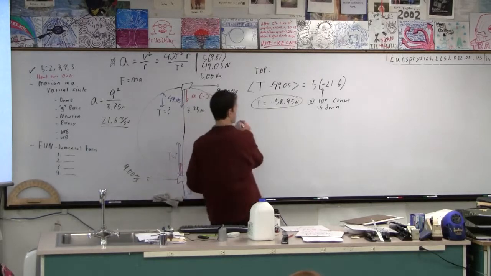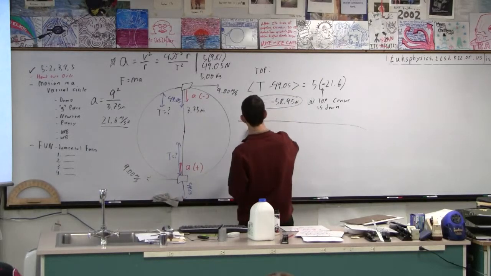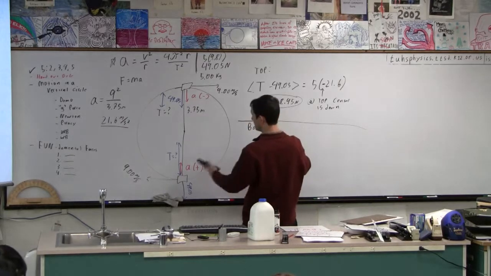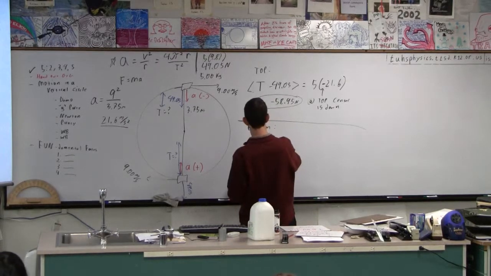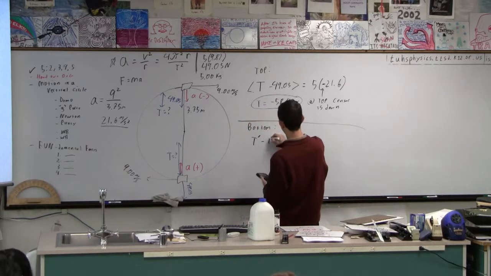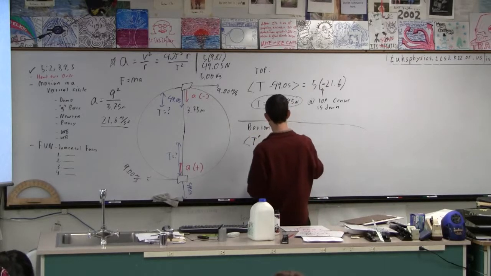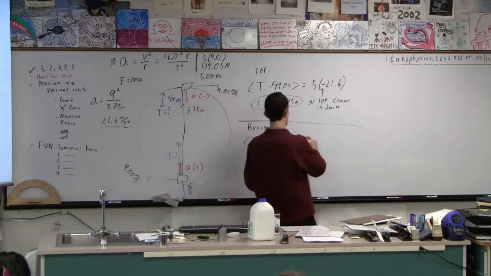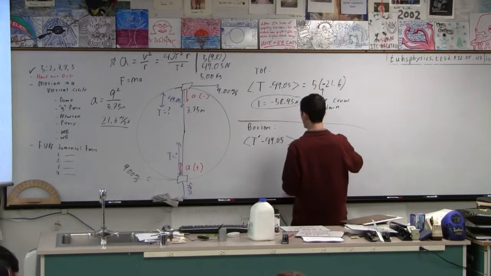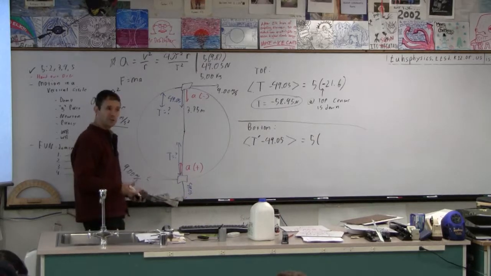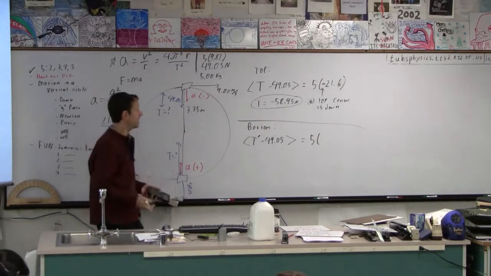At the bottom, the only thing that's different, okay, is that we still have the same two forces. We have a different tension. I'll call it T prime or something like that, right? Minus 49.05. Okay, so some unknown tension minus 49.05 equals 5 times. And then what's the difference? Which way are we accelerating at the bottom? We're accelerating toward the center. The center is above us, so we're accelerating up, right?